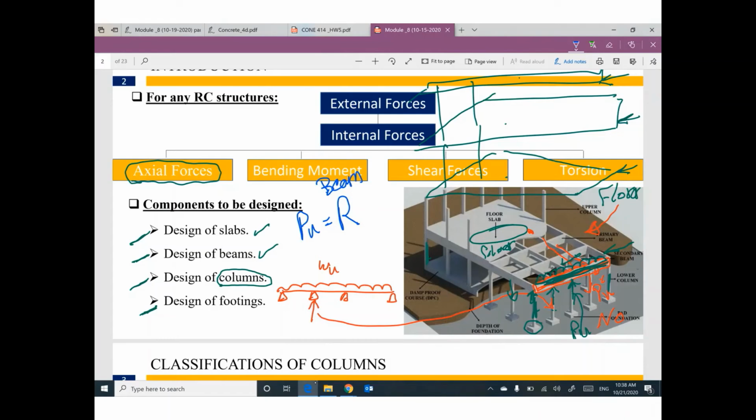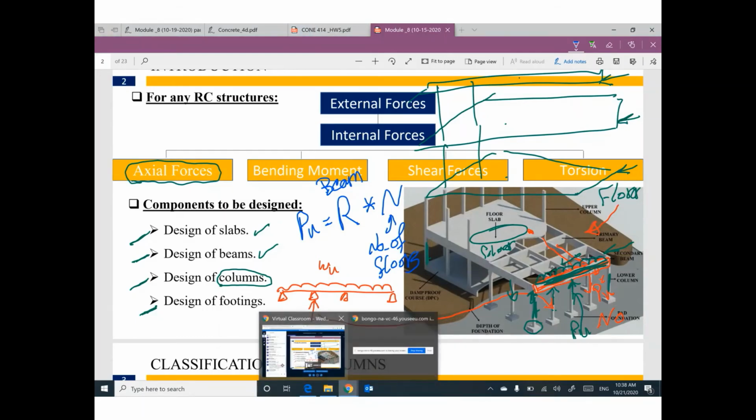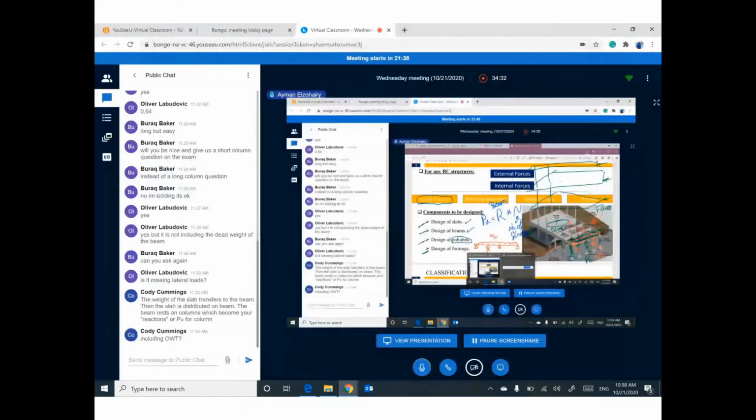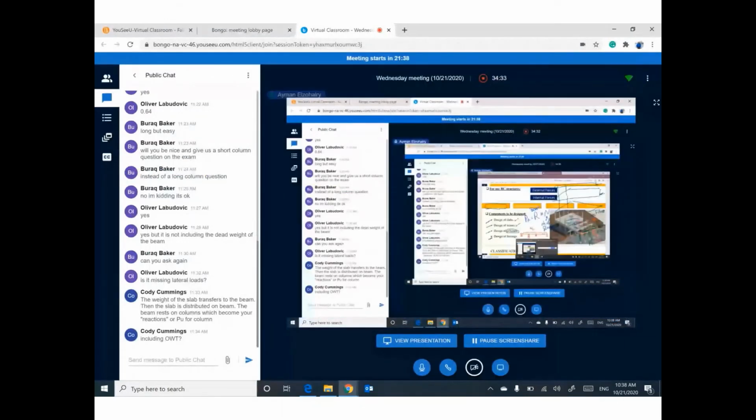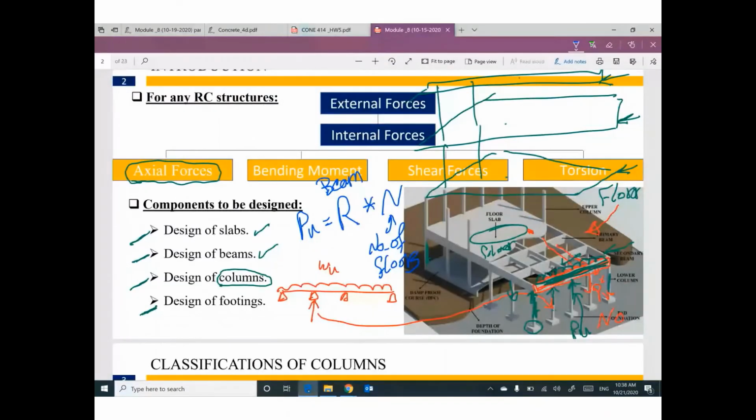I agree with you, and I agree with Cody, and I agree with everybody, but you have to multiply it by N, the number of floors in the building. Guys, P ultimate on the column is not only the reaction of one beam.